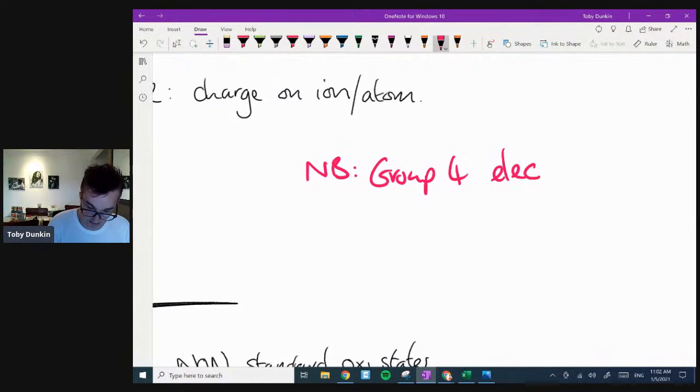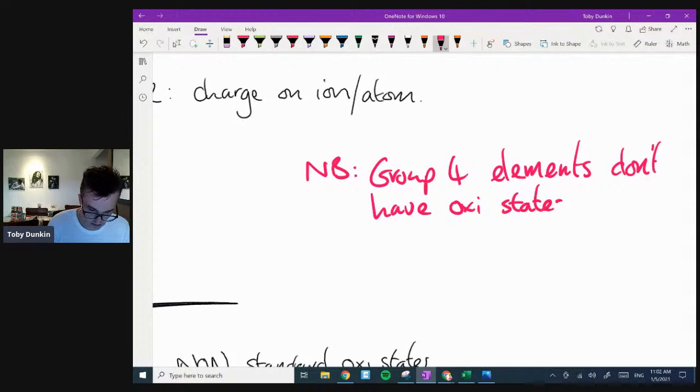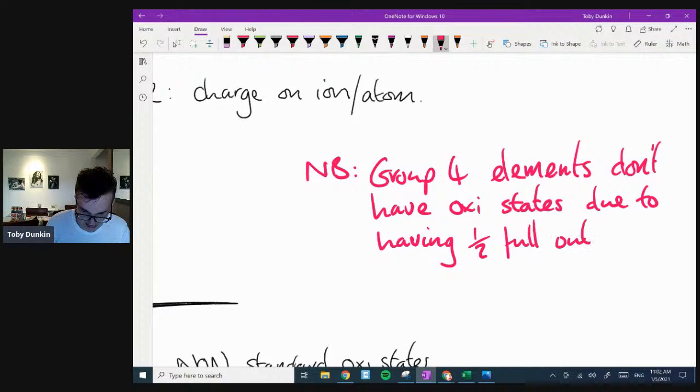Group 4 elements, like carbon, don't have standard oxy states due to having half full outer energy levels.